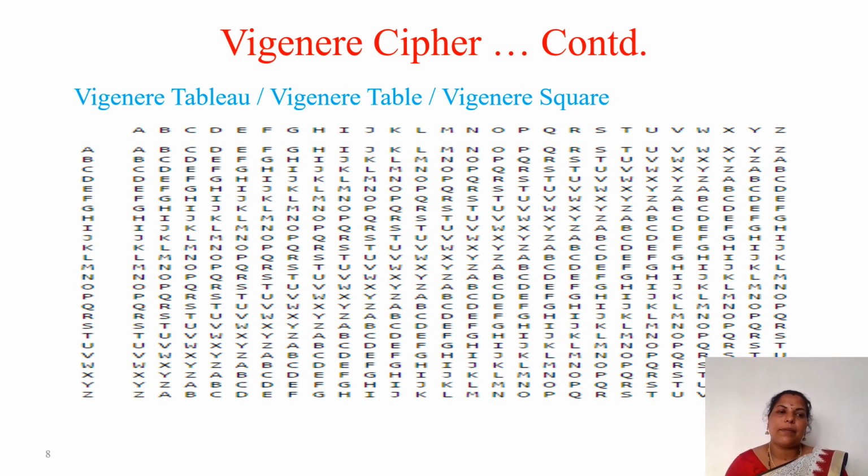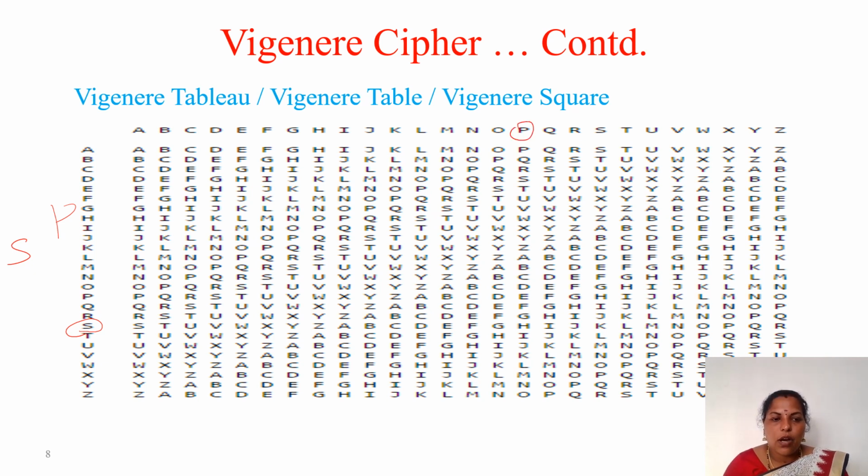Let us see an example. What we did is, "she is listening" is the plain text and "Pascal" is the keyword. For the first one, S is the plain text and the keyword is P. S you have to look for here and P you have to look for here.